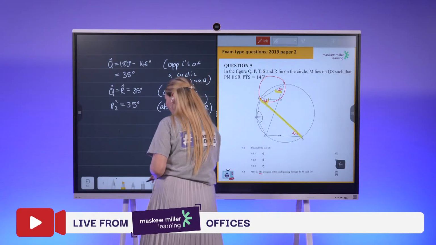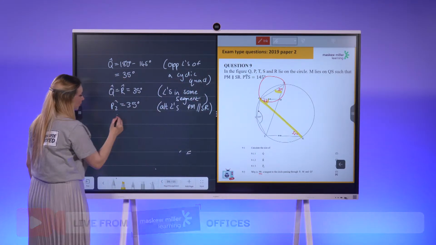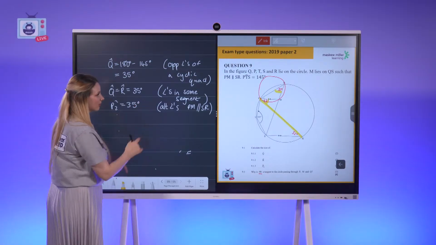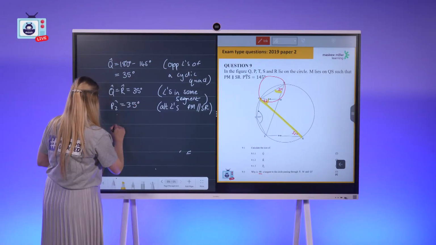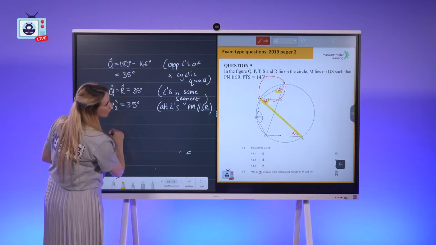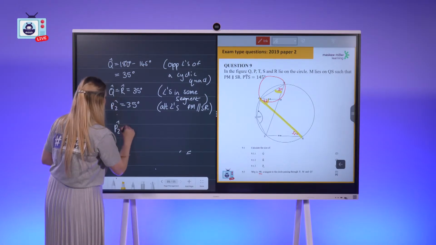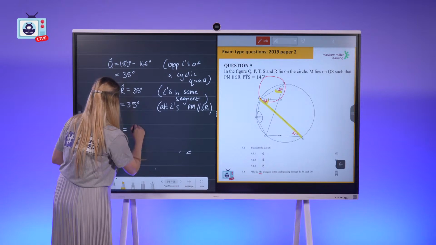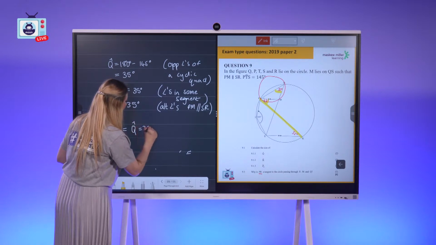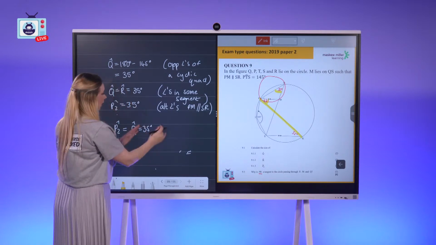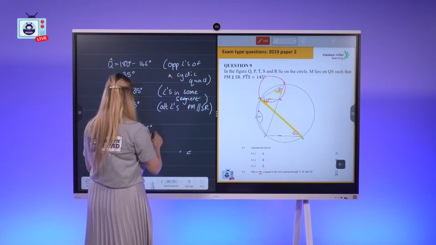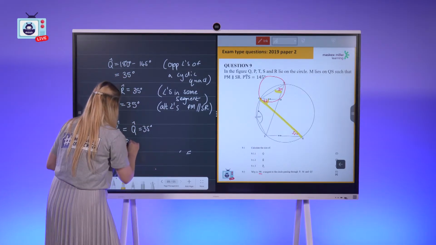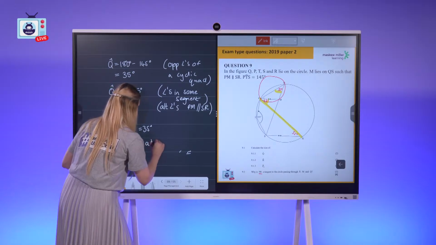Because we have that happening, we can conclude that it is a tangent to that circle PMQ. So we just have to state that P2 is equal to angle Q, which is equal to 35. We've proven it already. You can say proven above. And therefore, PR is a tangent.